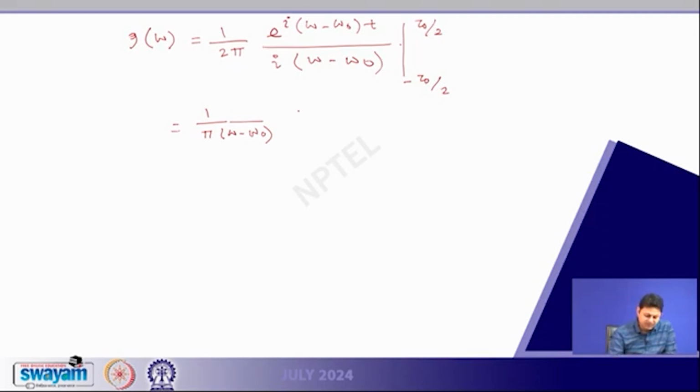If I put these two limits, it is easy to show that this value is essentially sine of (omega minus omega naught) tau naught by 2. The 2 i will cancel out.